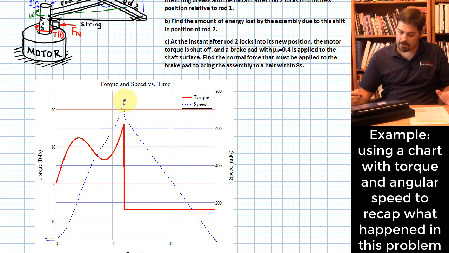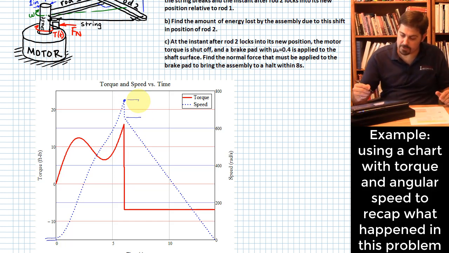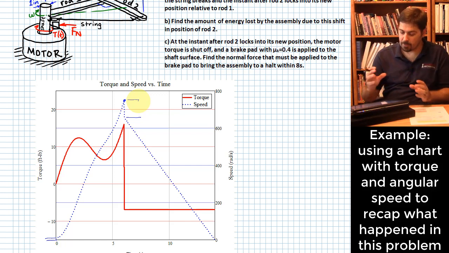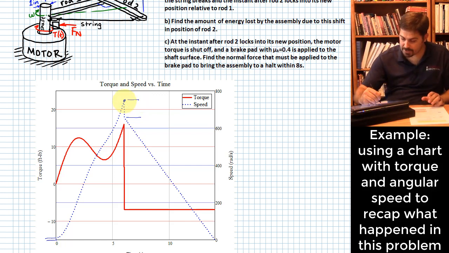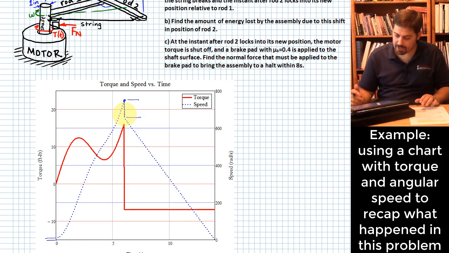All right, well then what happens? Well, the string breaks, and what you see happen here is that that little drop right there, that's what happens due to that angular momentum being conserved, but the I changing, the moment of inertia changing, and so it causes that instantaneous drop in angular speed because of that string breaking.